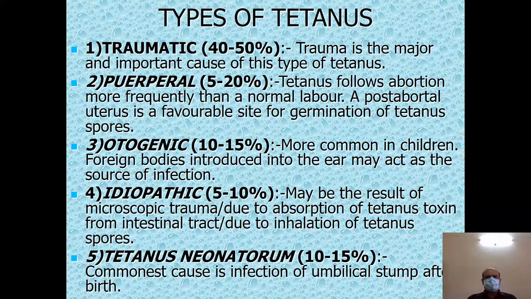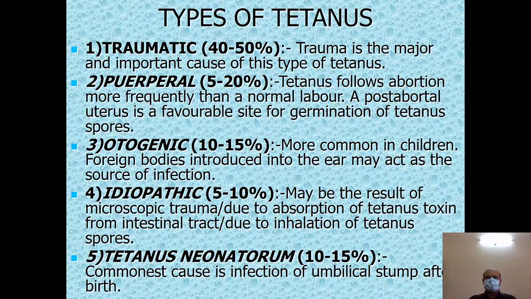Types of tetanus. Traumatic tetanus is 40 to 50%; trauma is the major and important cause of this type. Puerperal tetanus is 5 to 20%. Tetanus follows abortion more frequently than normal labor, and the post-abortal uterus is a favorable site for germination of tetanus spores.